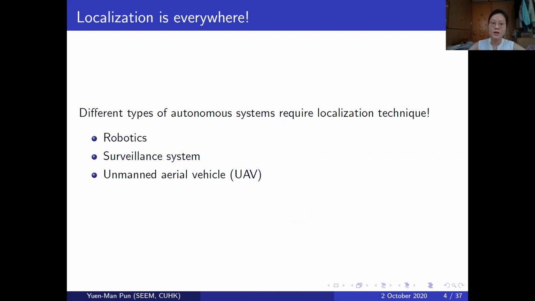For example, in a manned aerial vehicle, we'd like to see whether the trajectory is correct or not, and direct the car to the correct places. Similarly for robotics and some surveillance systems, we'd like to keep track of the location of some items or robots.